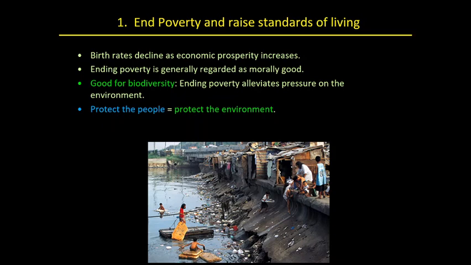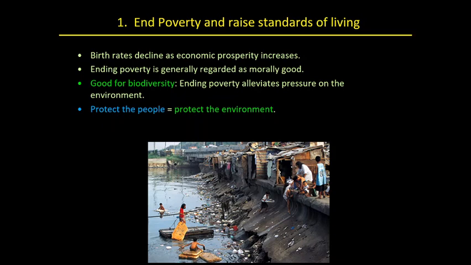Ending poverty is generally regarded as morally good by most folks, so it's not hard to rally people around that. Getting countries to devote resources to help developing countries is a much more complicated issue, of course, but it's easier to rally people around the idea of ending poverty.